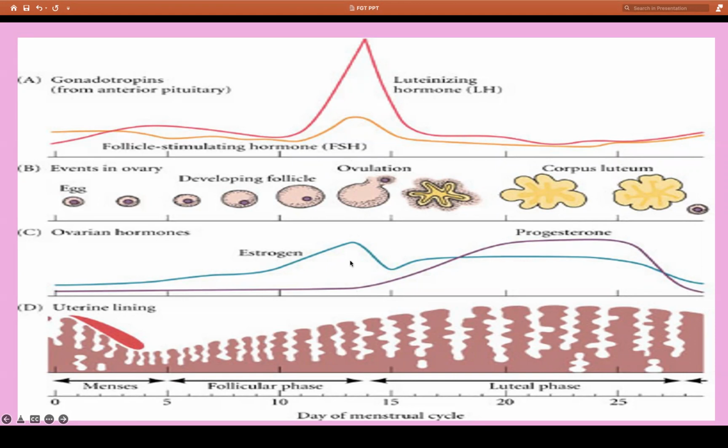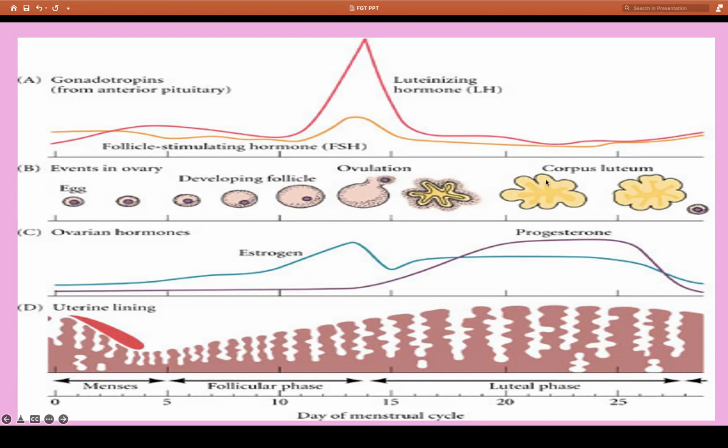After ovulation happens, the ovum is released, and the remaining follicle becomes the corpus luteum, undergoes fatty changes, and releases progesterone. It's the main source of progesterone for 8 to 9 days, and it causes secretory changes in the endometrium for these 2 weeks.